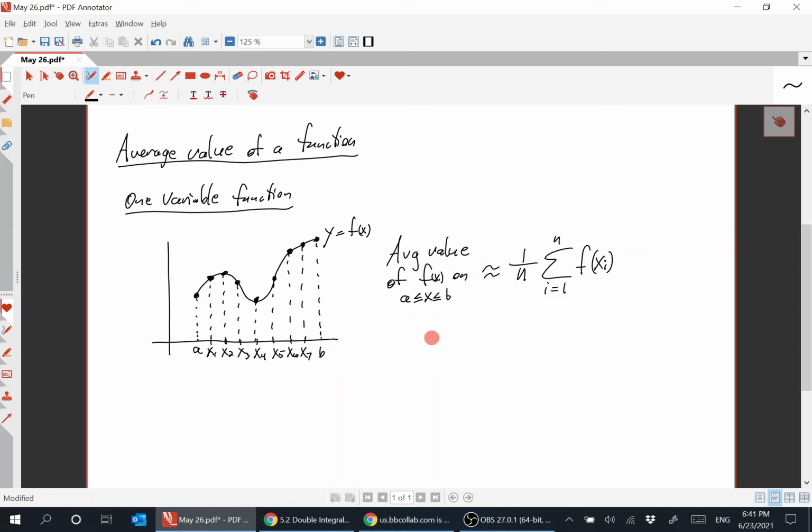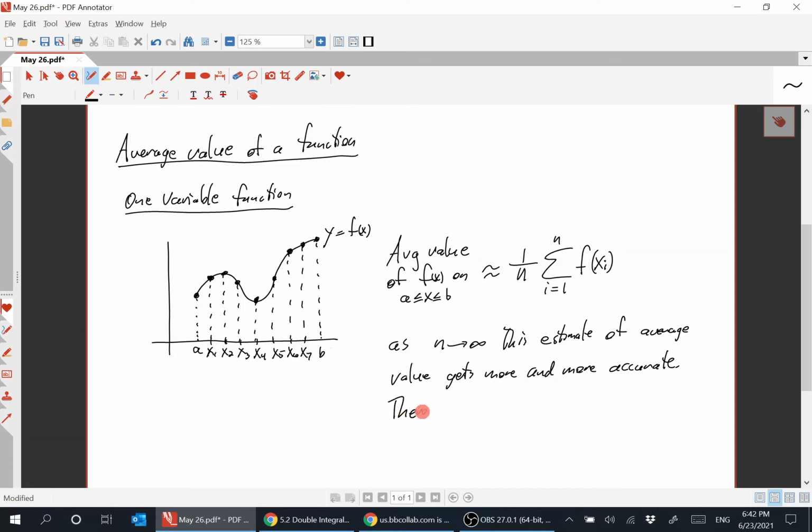And certainly this average becomes more accurate to what you would think it would be as n gets larger. So as n tends towards infinity, this estimate of average value gets more and more accurate.